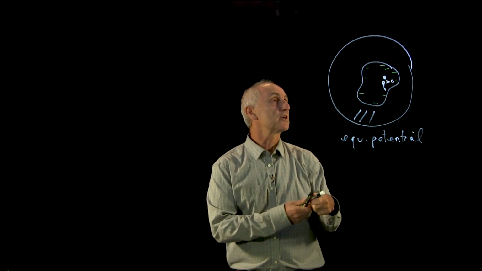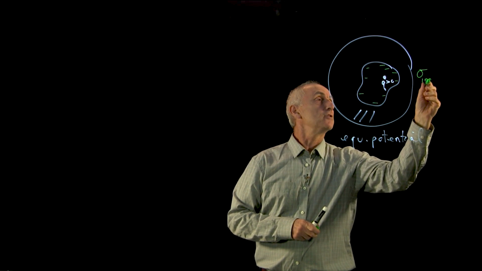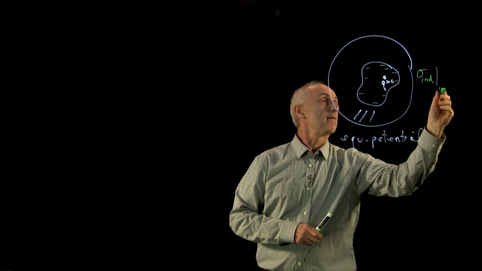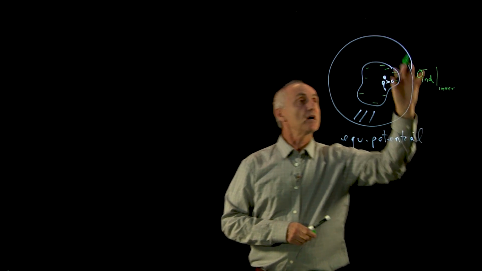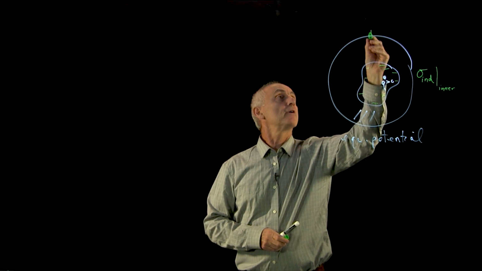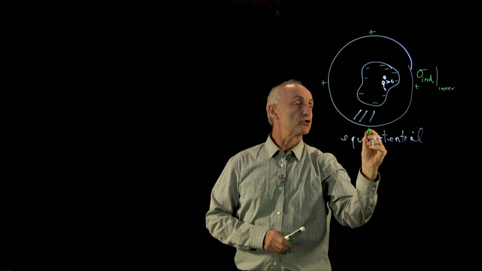And what we said was that we had a sigma induced, and that was inner. And because the conductor is symmetric, we have a symmetrically distributed amount of charge.